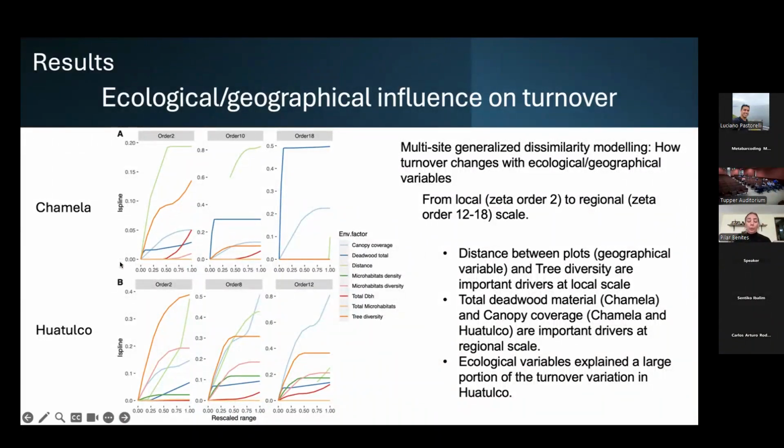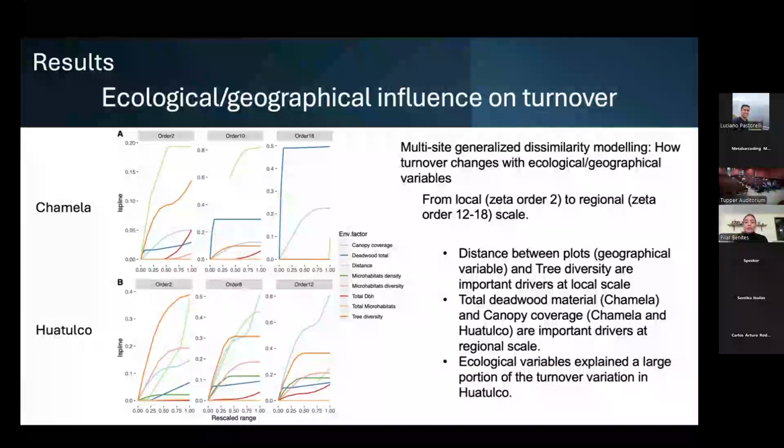We measure this for different zeta orders, trying to represent from a local range, which would be a zeta order of 2, to a regional scale. So what we try to do is go from local and broaden the range towards regional, and see how the variables that affect turnover maintain or change.